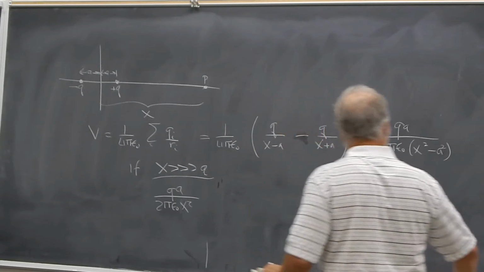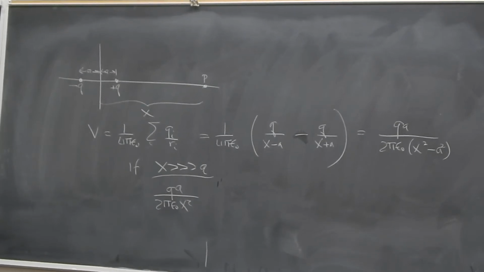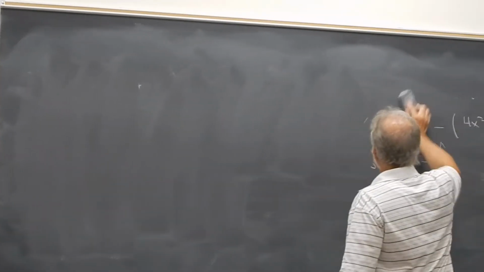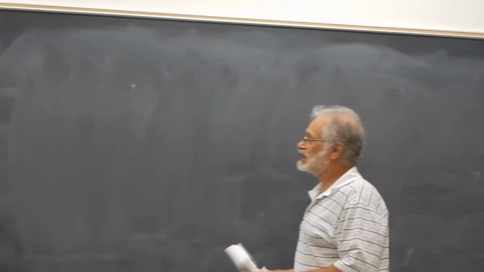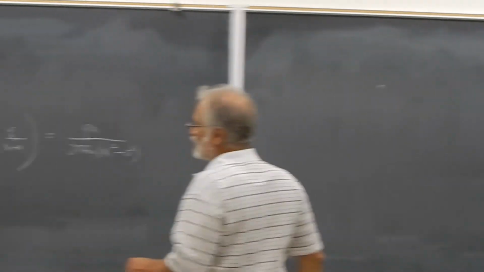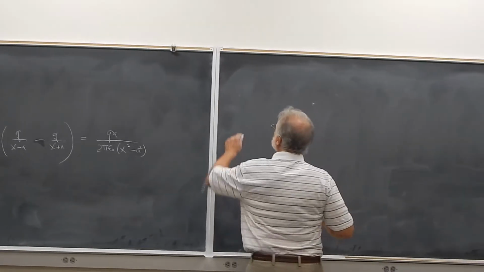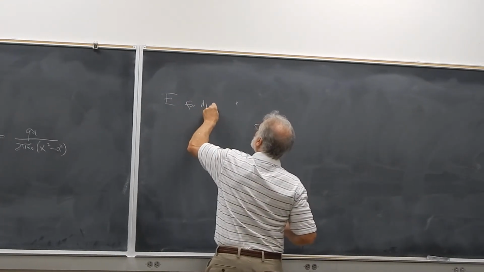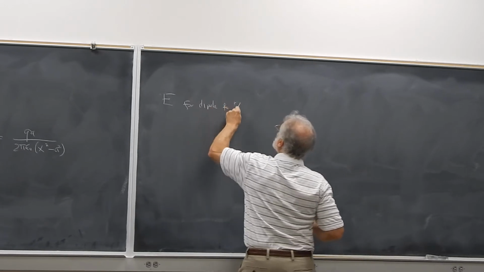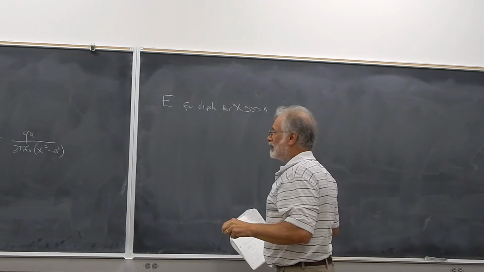Let's see if that checks with what we did earlier in calculating electric field. Let's look at what would be the far field equation for an electric field for a dipole for x much, much greater than a.